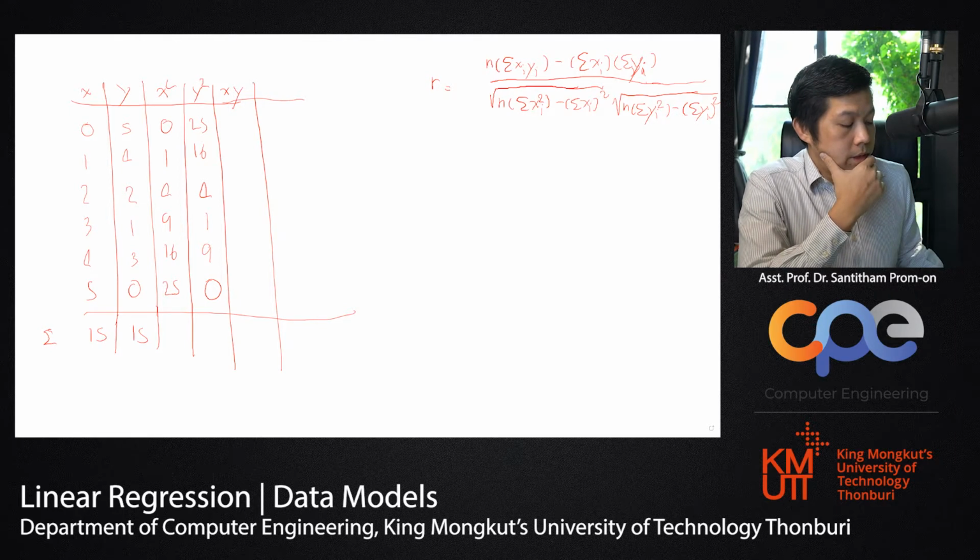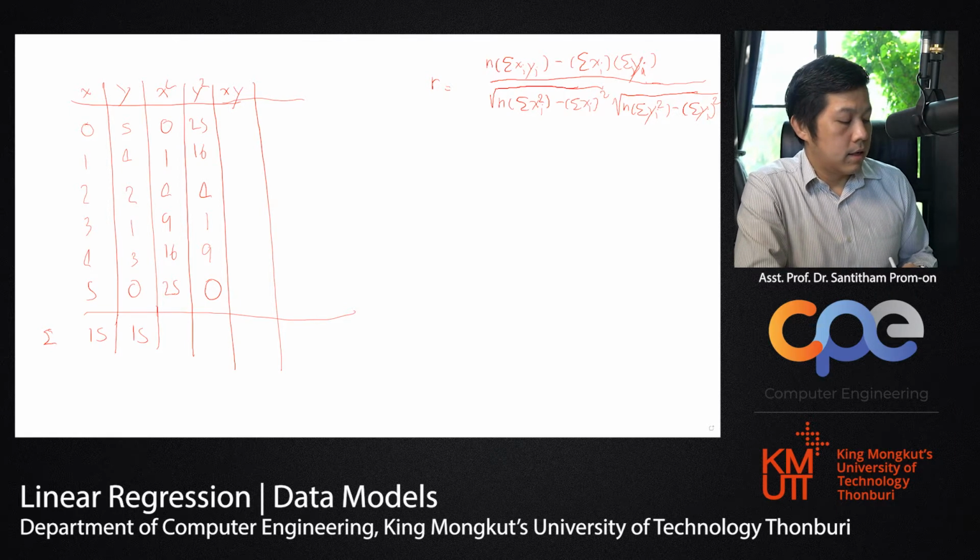And this would be 20, 30, 55, and 55. X multiplied by y: 0, 4, 4, 3, 12, 0. And the summation of x multiplied by y is 23.